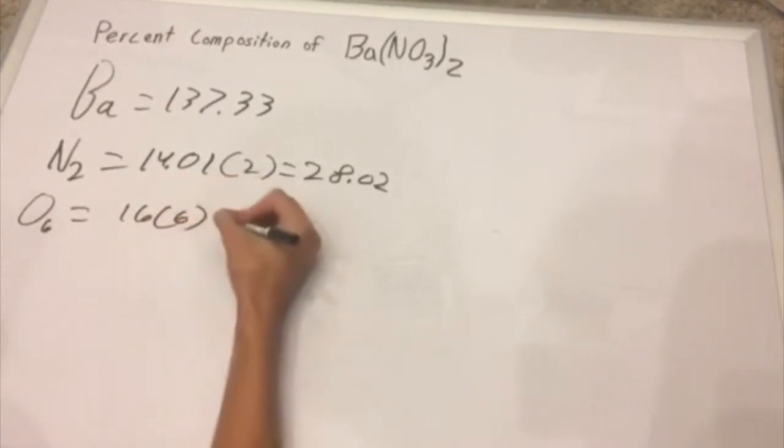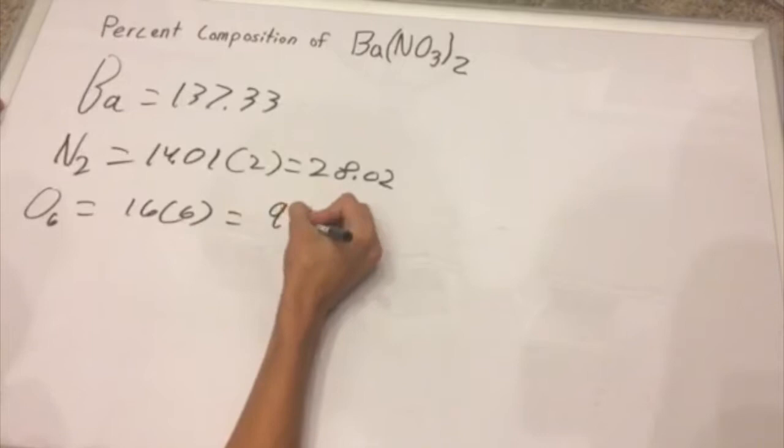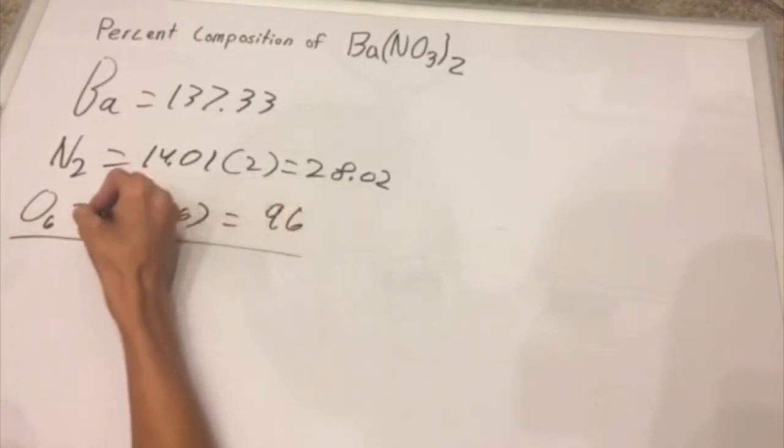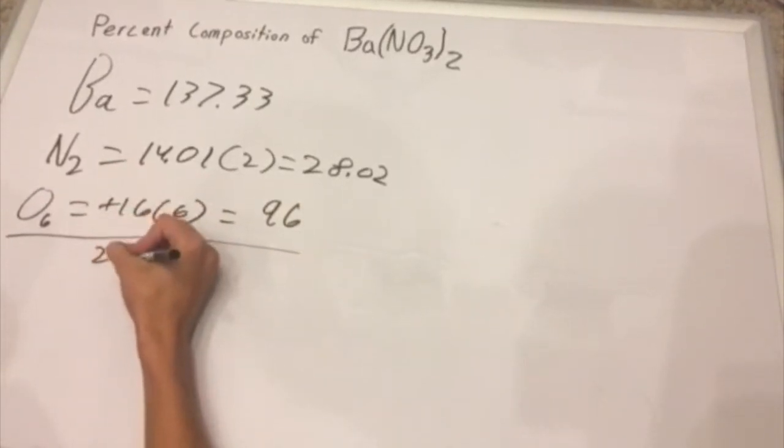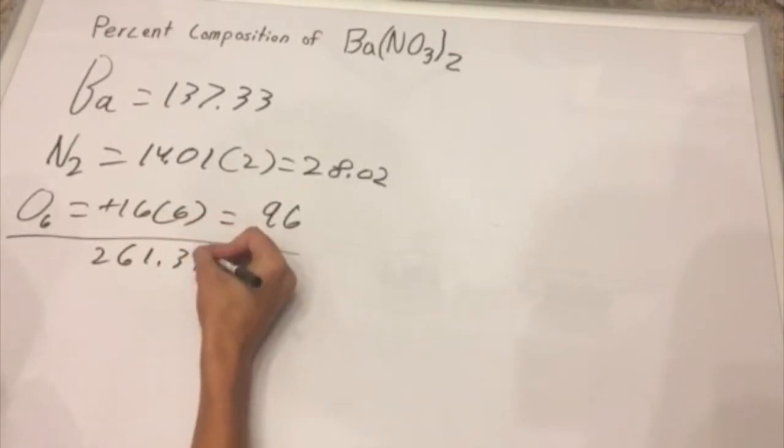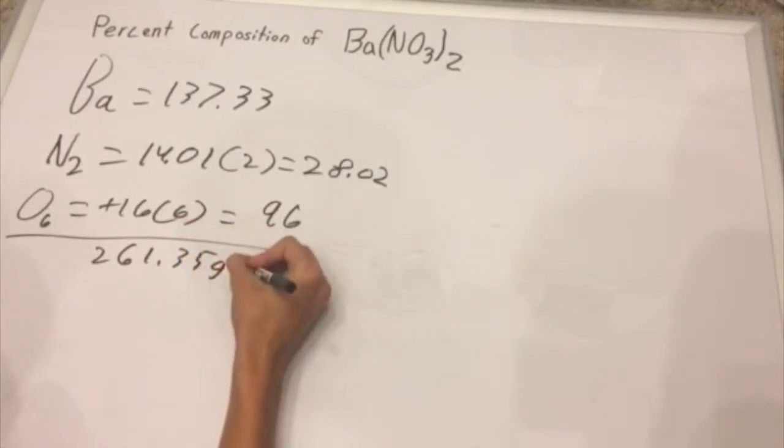First, find the mass of barium, 2 atoms of nitrogen, and 6 atoms of oxygen. You should get the answer of barium 137.33, nitrogen 28.02, and oxygen 96.